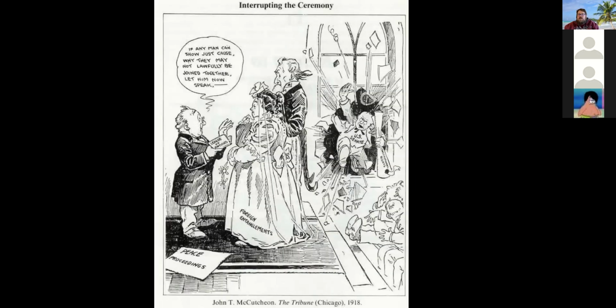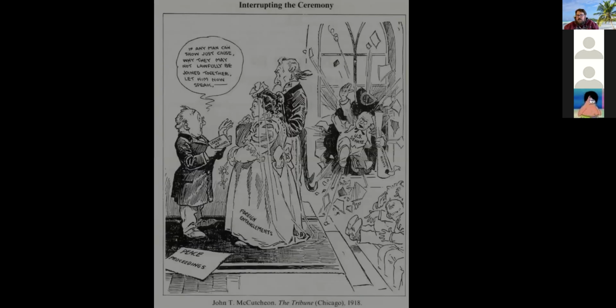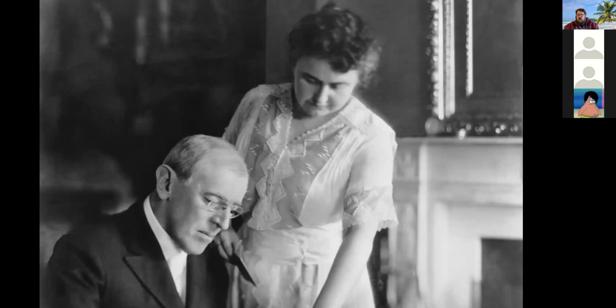Wilson, in an effort to pass this treaty, goes out on a cross-country tour by train, trying to convince people to contact their senators and get them to support the treaty. While that is happening, Wilson has a stroke, and he is incapacitated for the final 18 months of his term. His wife, his second wife, his first wife died during his first term.